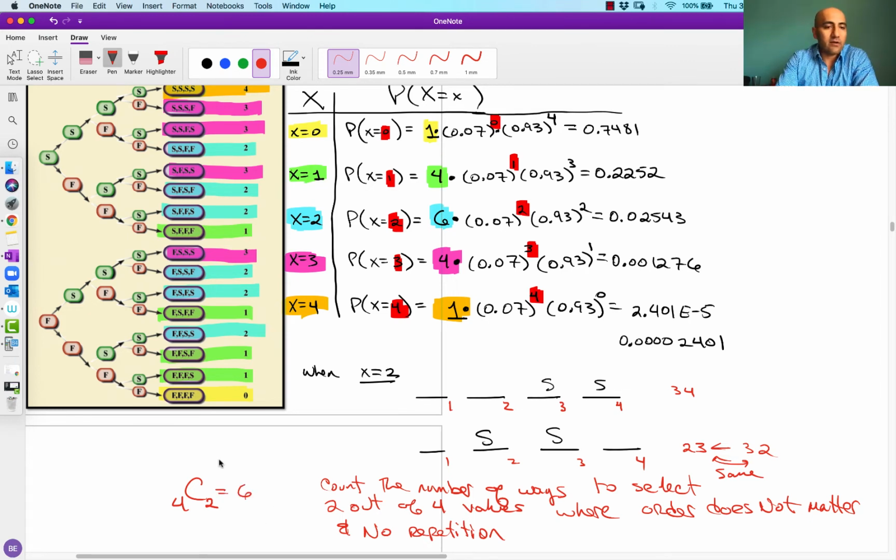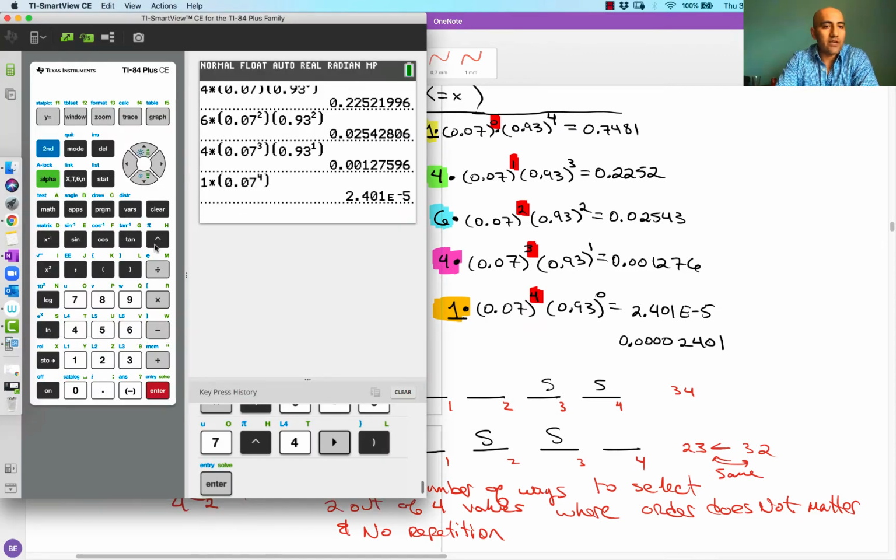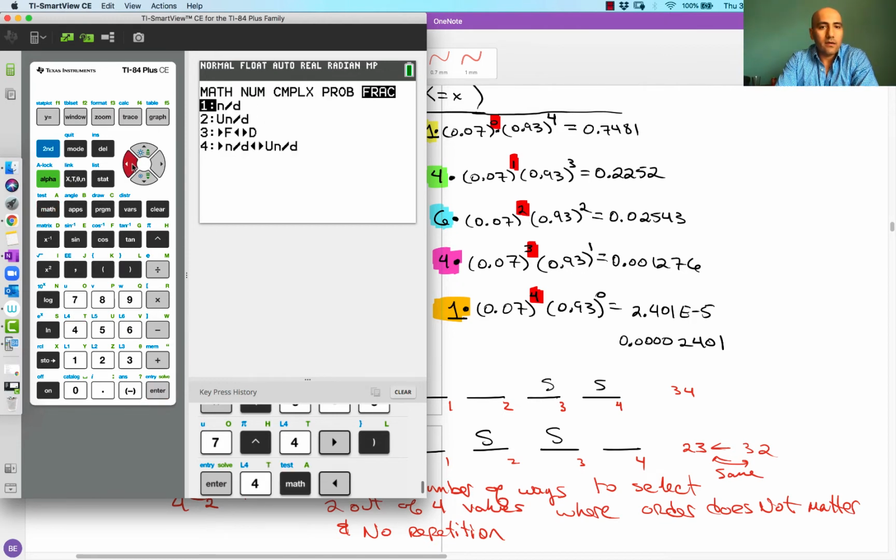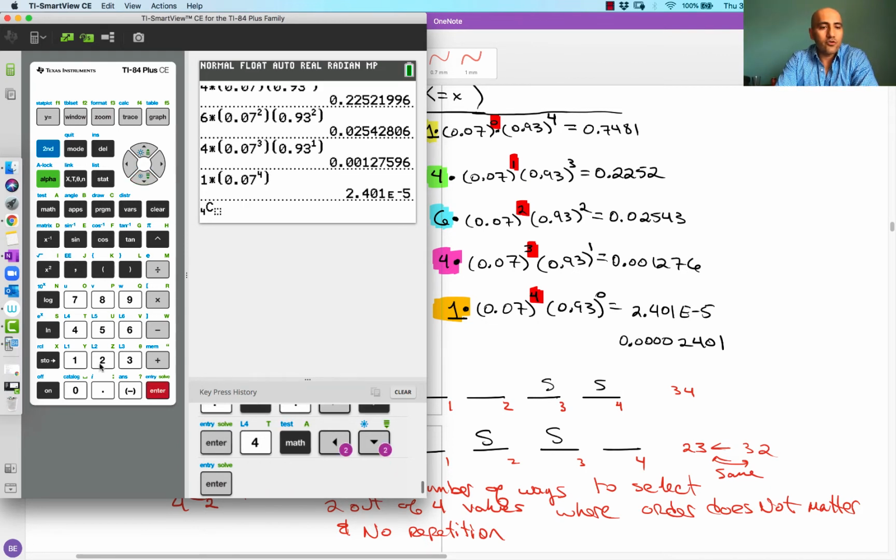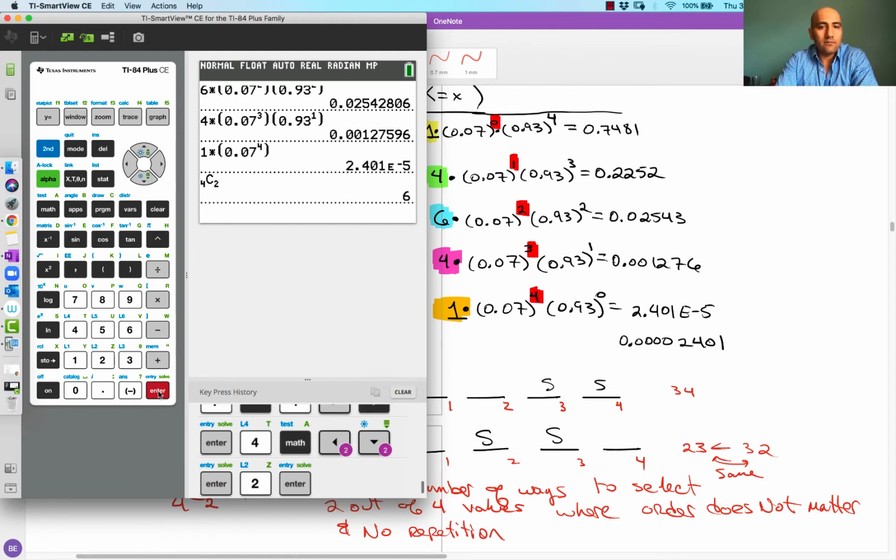Let's double check that on our calculator. And we have a nice easy button for that on our calculator too, if you recall from chapter 5. So let's go to math, probability, combinations right there. 4 choose 2, enter, and we get a 6. 4 choose 2 is 6.